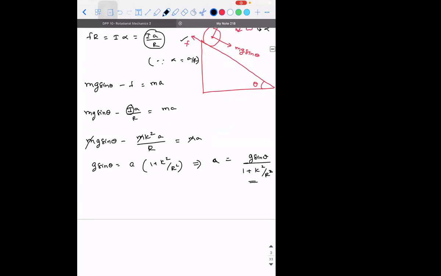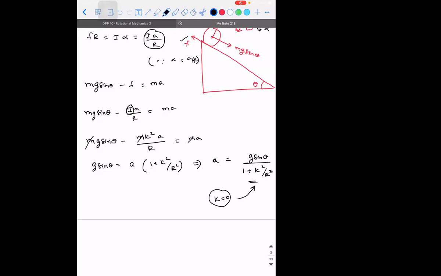See, if suppose the object doesn't have the tendency to rotate, can I say the radius of gyration is 0? If I take k is equal to 0 and substitute it here, what will be the acceleration? G sin theta. We saw it somewhere else.